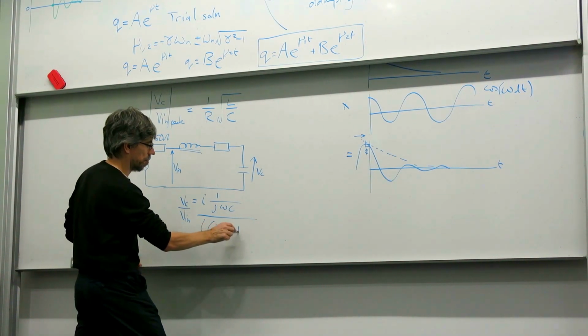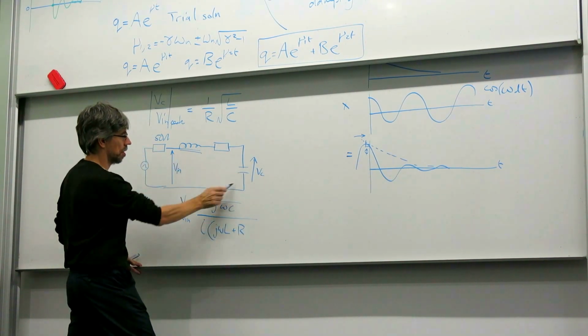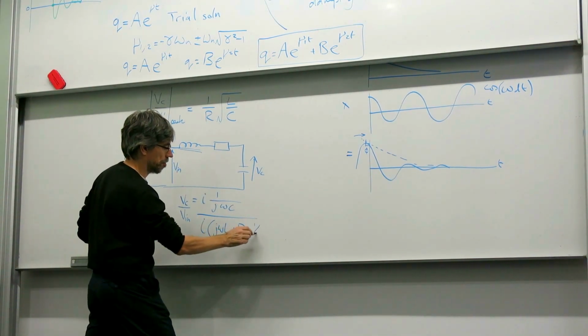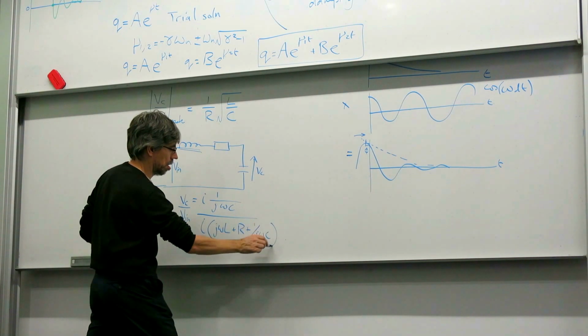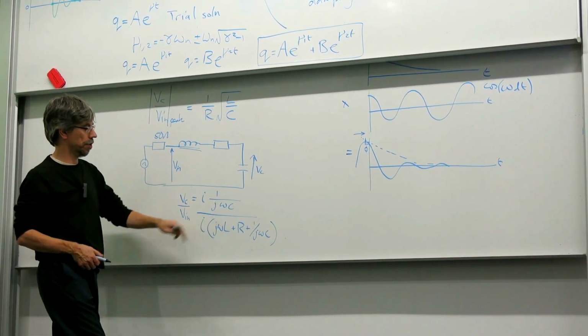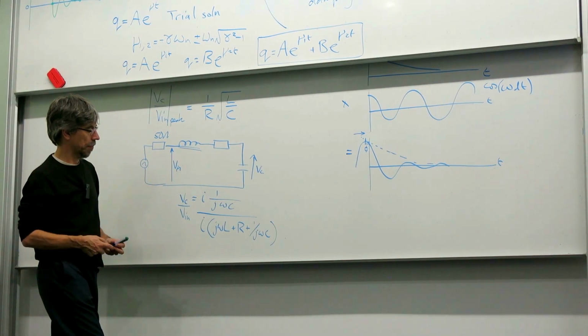So j omega L plus any resistance in that right-hand side of Vn plus 1 over j omega C. Of course, then the currents cancel, and we've got the equation that's shown in the black block.